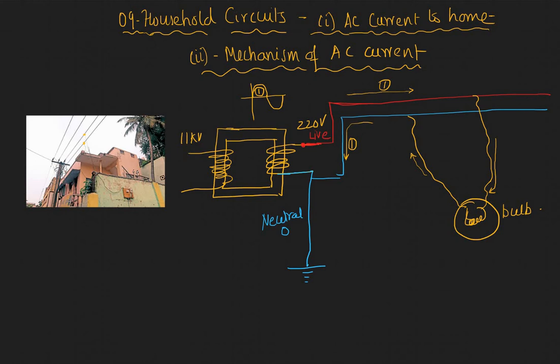Let's use a different color for the second cycle. This second cycle is a negative cycle with respect to the reference, which is 0, your neutral line. With respect to the neutral, it has more potential than the live now.